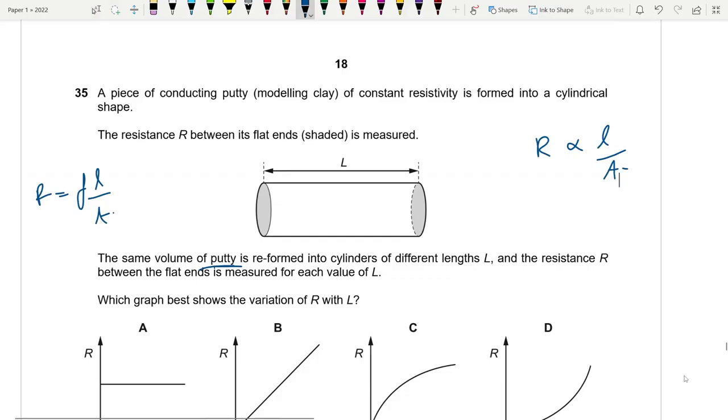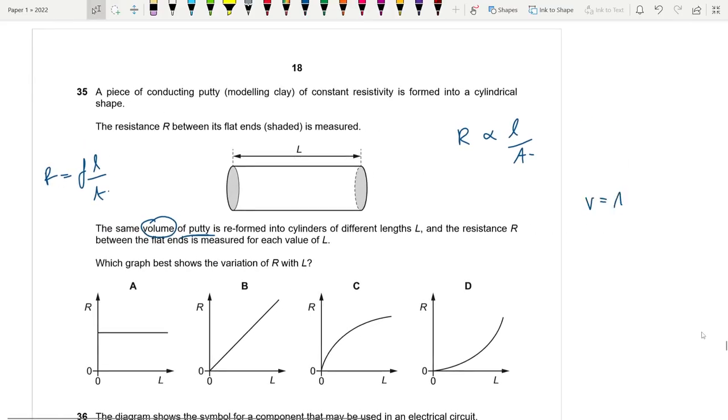Now, the key part is the same volume of putty is reformed. The formula for volume is cross-sectional area into length. So this same volume is reformed into cylinders of different lengths.